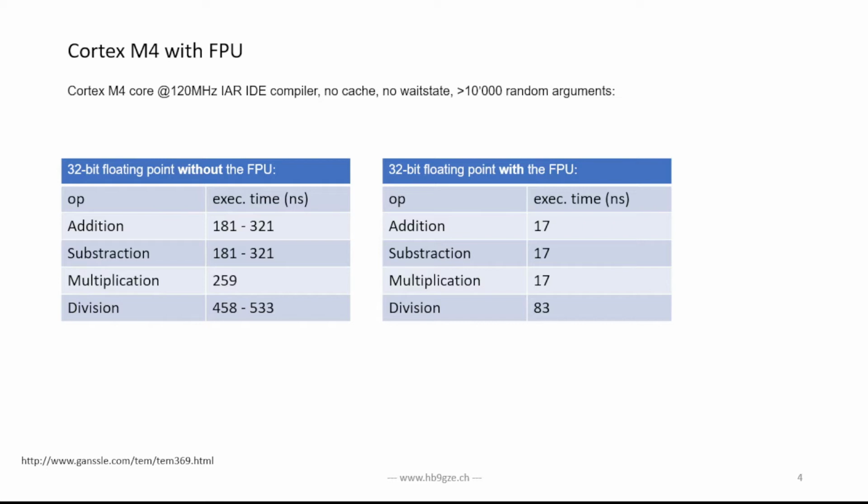And this Cortex M4 has a floating point unit on it. You can switch it on and switch it off. And if you switch it on, you only need 17 nanoseconds for adding operation, subtraction, and the multiplication. And the division only takes 83. Divisions usually take long, but yeah, we try to avoid divisions anyway.